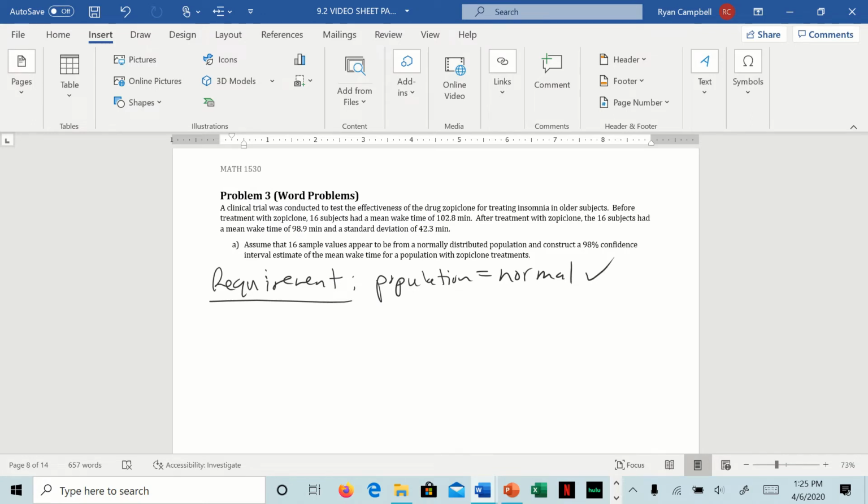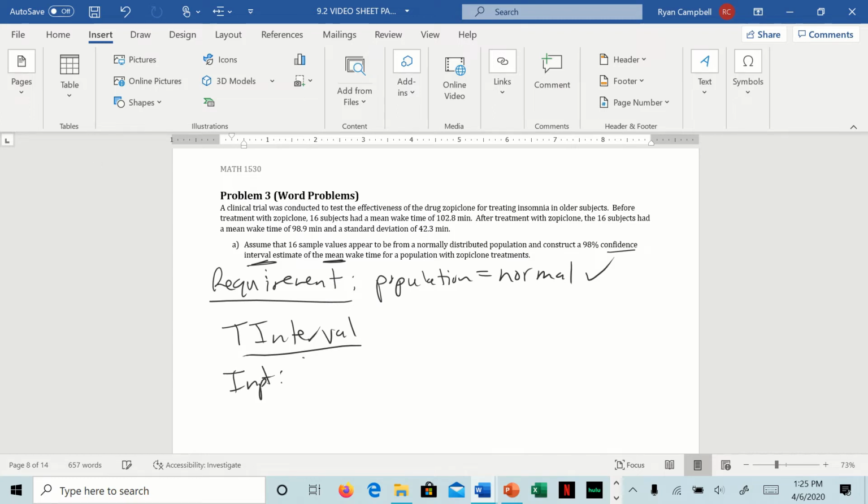All right, since it says confidence interval for the mean, we know we're going to do a t-interval. Now, if it said confidence interval for the proportion, we would do a 1-prop z-interval. So getting those right in your head is going to be very helpful. Confidence interval for the mean, we're doing a t-interval.